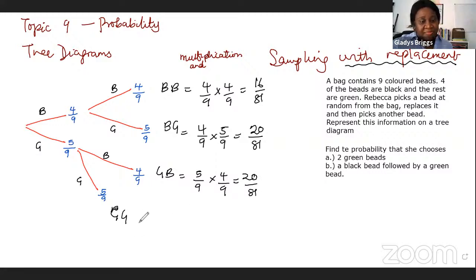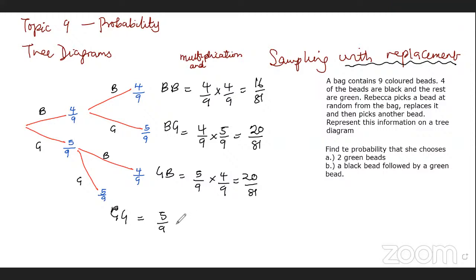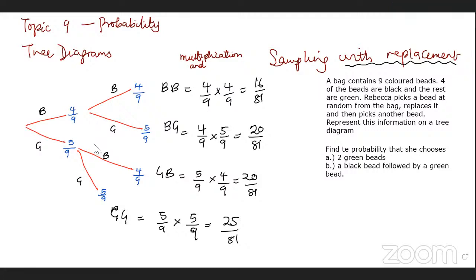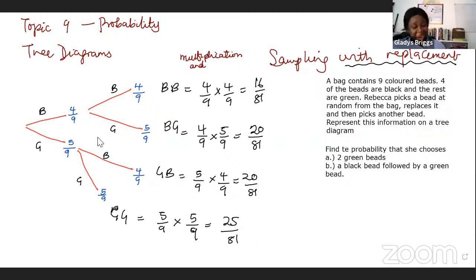And the last one, 25 over 81. Why 16, Adam? I mixed them up.